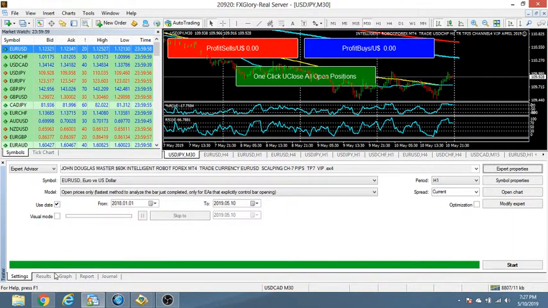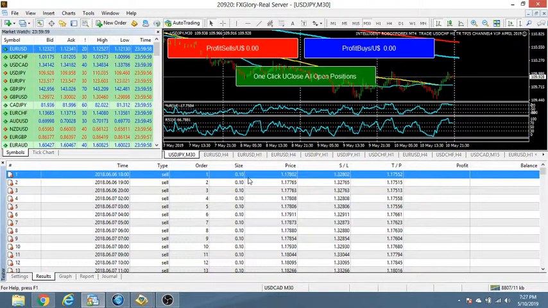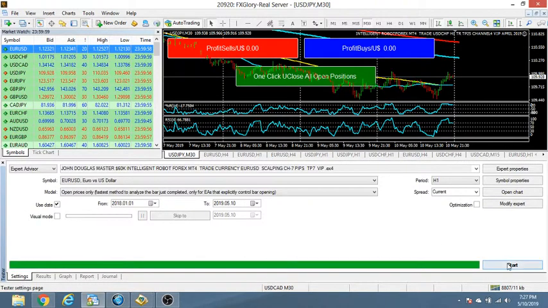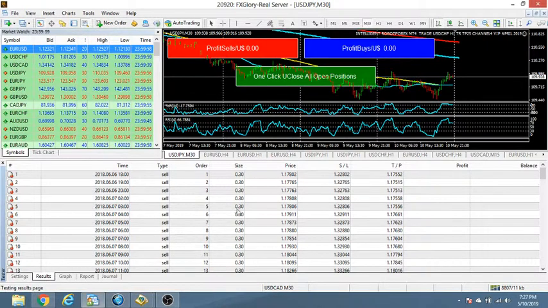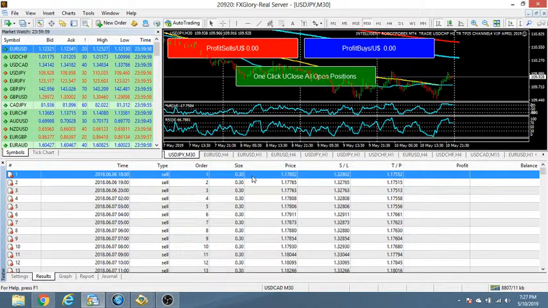Before it started with 0.1, but now we want to start at 0.3. You see here, it starts at 0.3. So if you start with the right values, it will produce a good result and it will not fail.